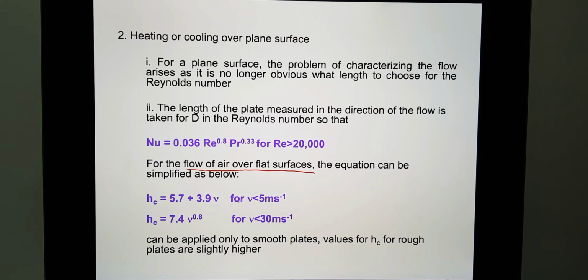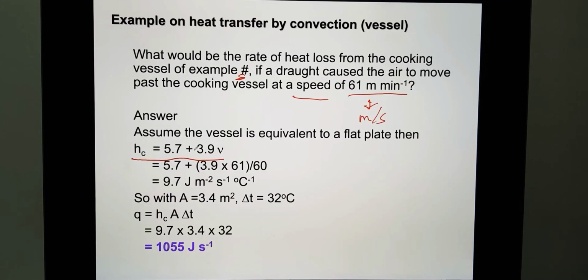If the velocity of air is less than 5 meter per second, then you need to use the first equation. If the velocity is greater than 5 meter per second but less than 30 meter per second, then you need to use the second equation. So that's how this equation is present here. So how do you know that you need to use this particular equation?